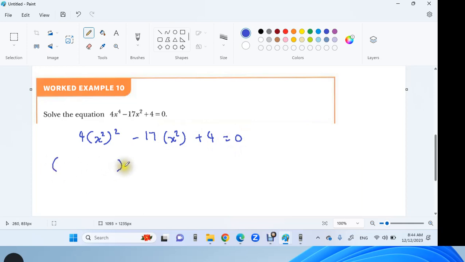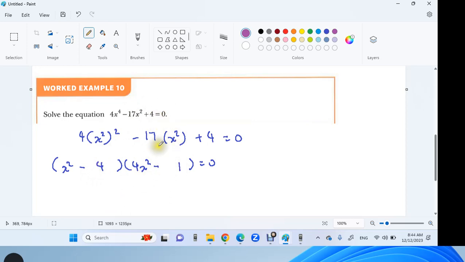Then I open the bracket equal to 0. Then this is x squared and 4x squared, and 4, 1, minus, minus. You can see that if you do the expansion, 4x power 4 minus x squared minus 16x squared, then it's minus 17x squared, and minus 4 times minus 1, then plus 4.